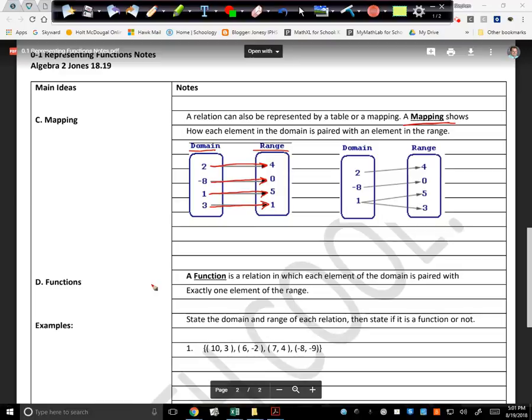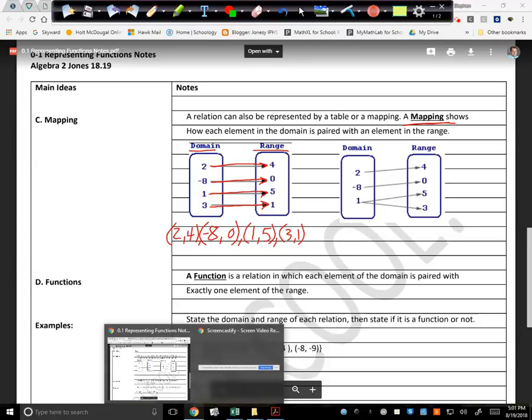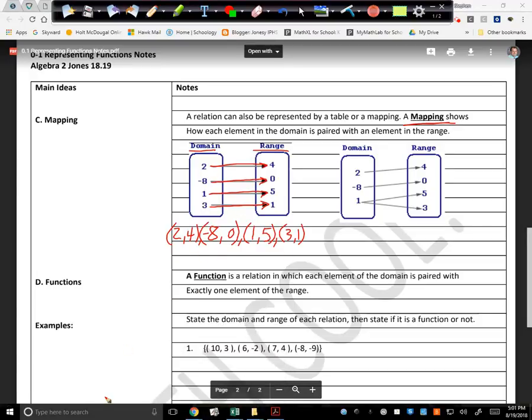If I were to write these out as coordinate points, it would be 2, 4, -8, 0, 1, 5, and 3, 1. So this relation is made up of these points, and here's a mapping representation of it.